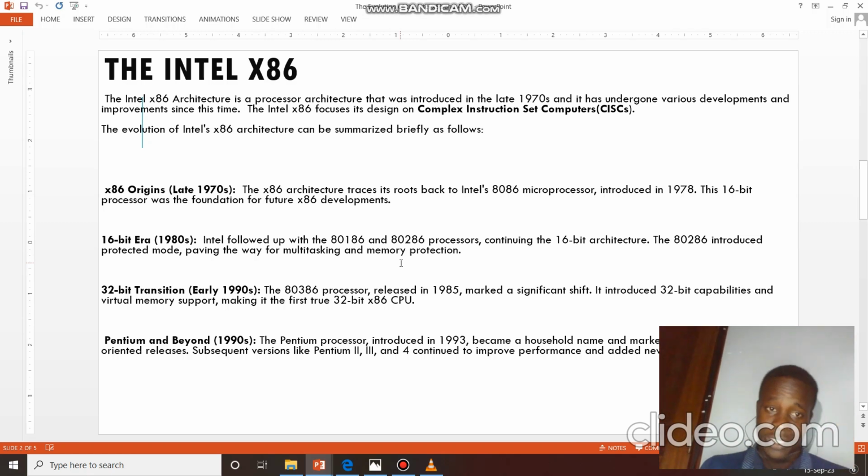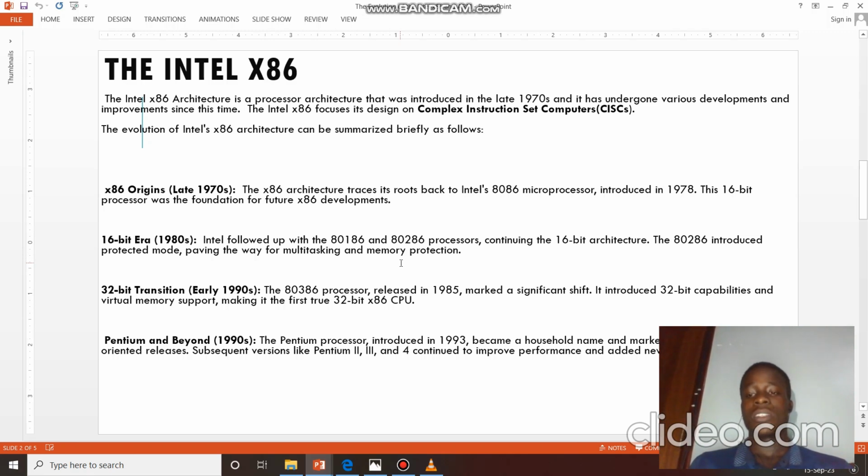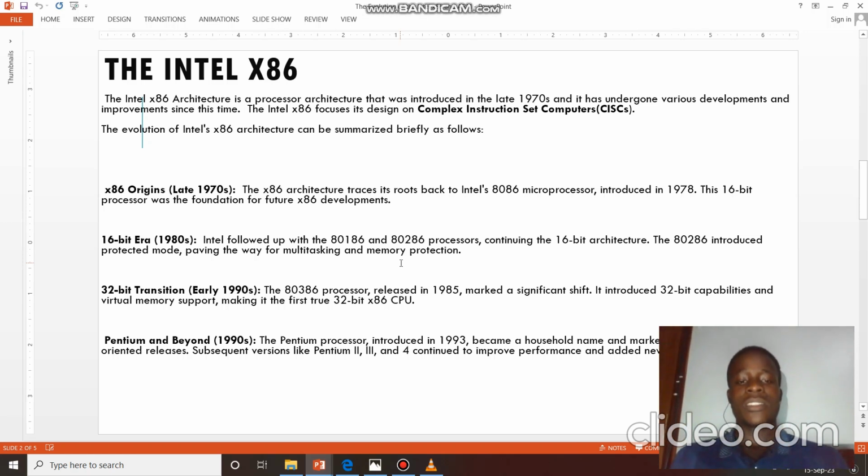The Intel x86 is a processor architecture that was introduced in the late 1970s and has undergone various developments and improvements since this time. The Intel x86 focuses on complex instruction set computer design.